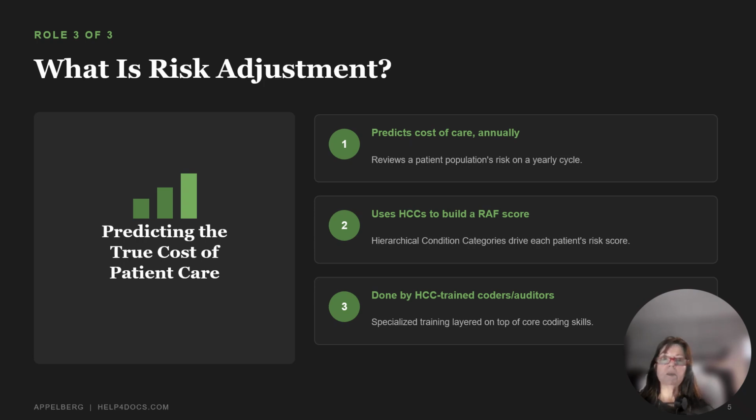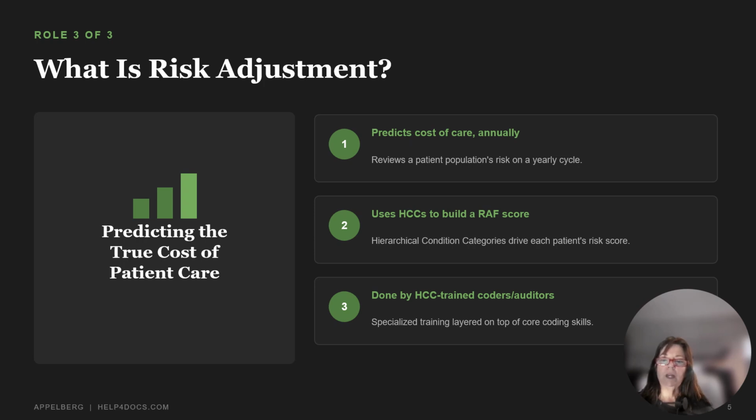It uses something called HCCs, hierarchical condition categories. Each HCC represents a category of serious chronic conditions: diabetes with complications, congestive heart failure, chronic kidney disease, and so on. Every patient gets a risk adjustment factor score, otherwise known as a RAF score.